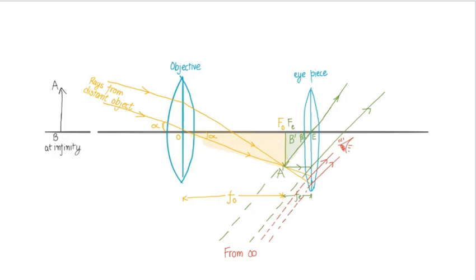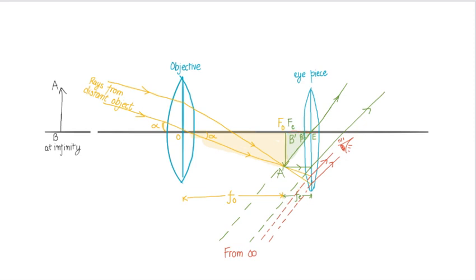Coming back, now look at your distance EB'. This denotes the distance of the object A'B' from your eyepiece, and this object is placed at the focus of the eyepiece, which is represented by the focal length of the eyepiece, FE. Is this distance measured in the direction of incident light or opposite? It is measured against the incident light.